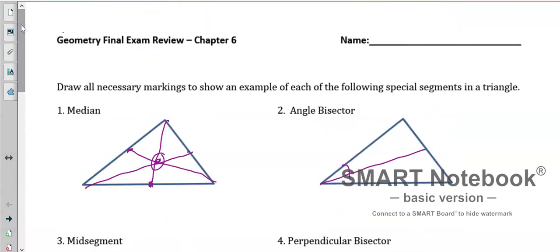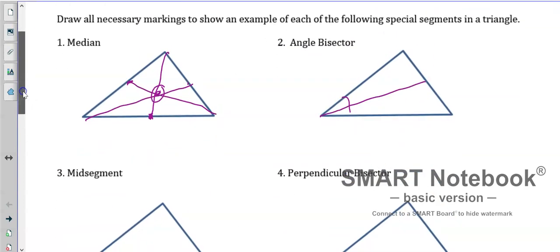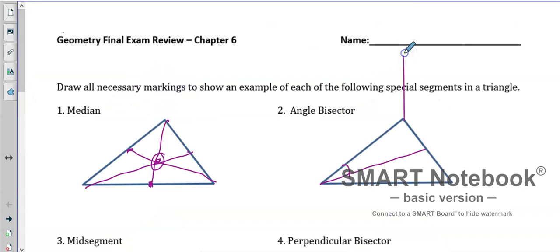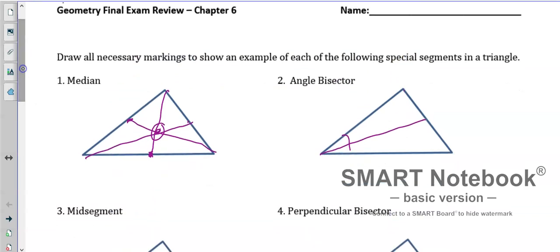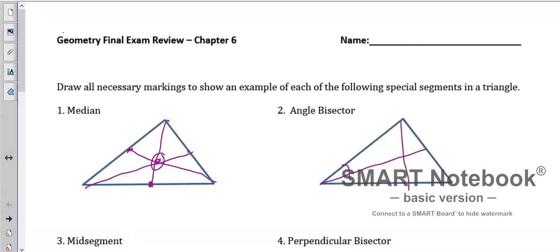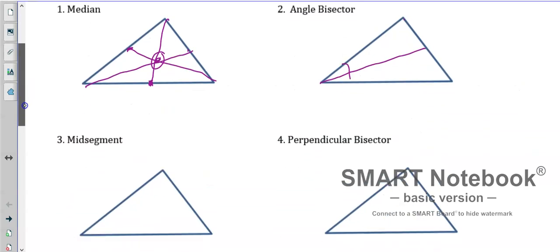Real quickly, you don't have to get out a protractor, but don't do something like this, where that is clearly smaller than that. Just make it look as close as possible to the middle.